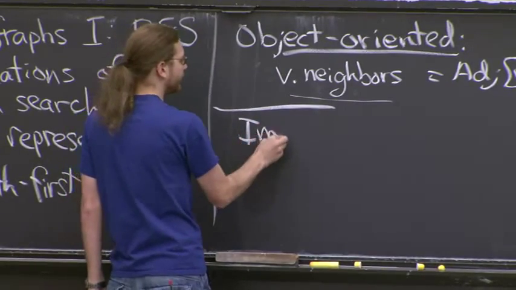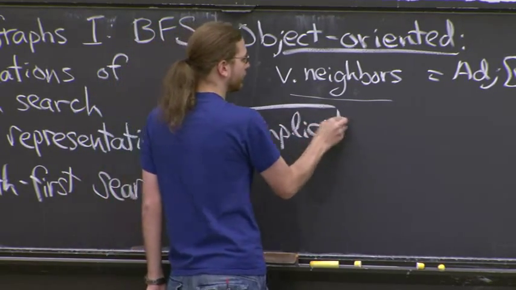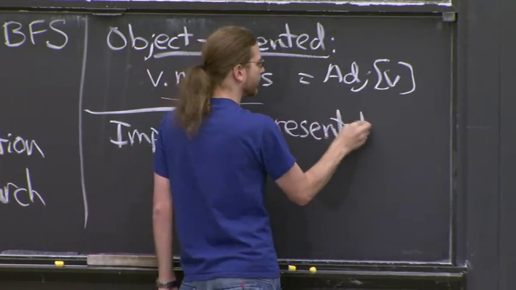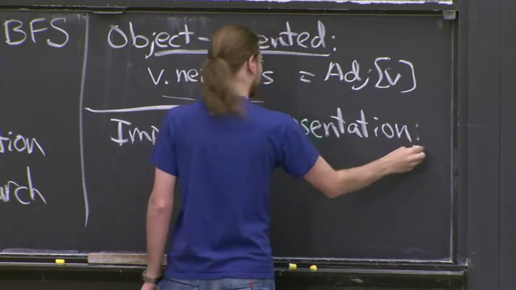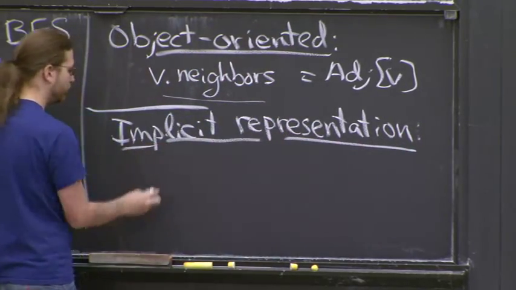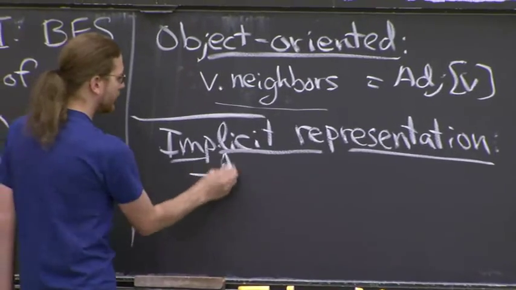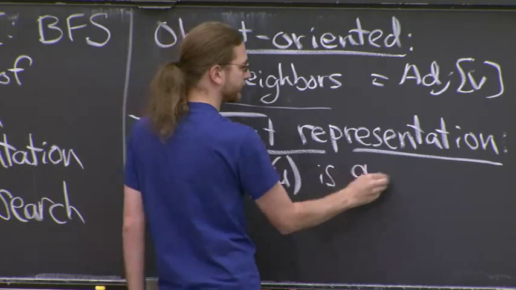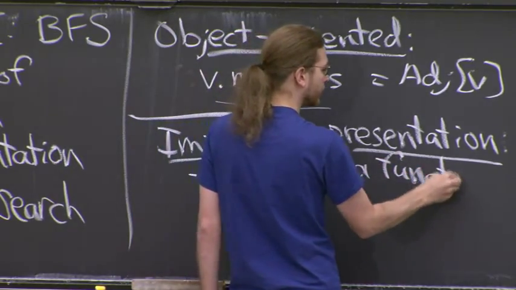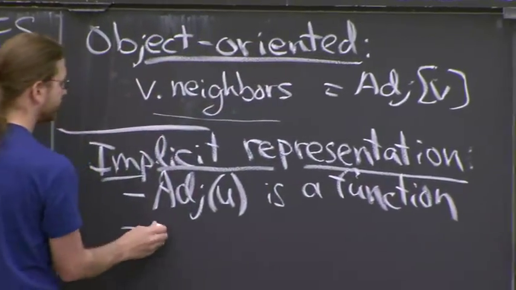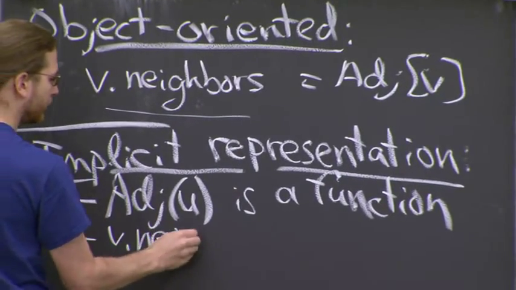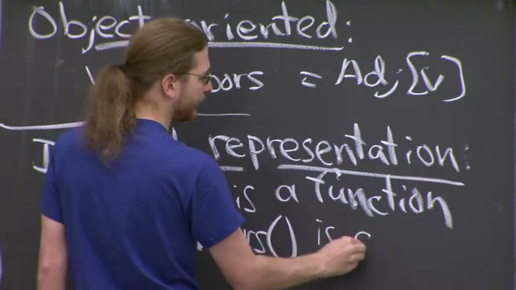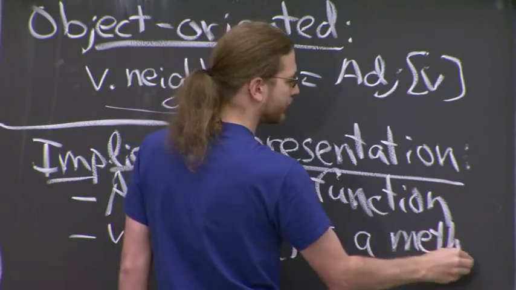You can also do implicitly represented graphs. Which would be to say ADJ of u is a function, or v.neighbors is a method of the vertex class.